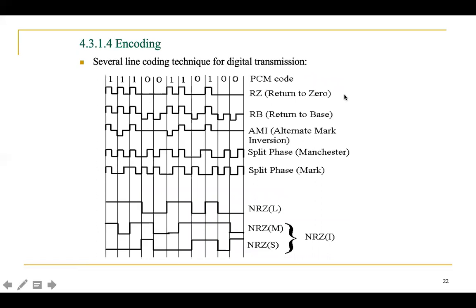We have RZ, which is return to zero, RB, return to base, AMI, alternate mark inversion, split phase Manchester, split phase mark, non-return to zero level, non-return to zero mark, and non-return to zero space. Non-return to zero mark and non-return to zero space we also call non-return to zero inverted.